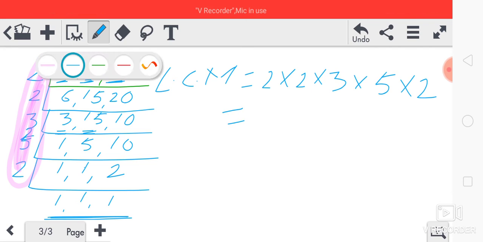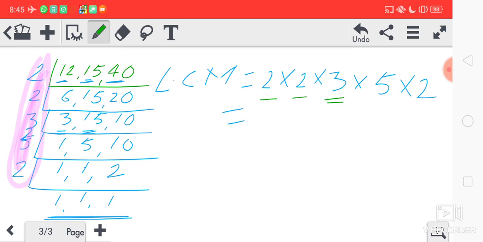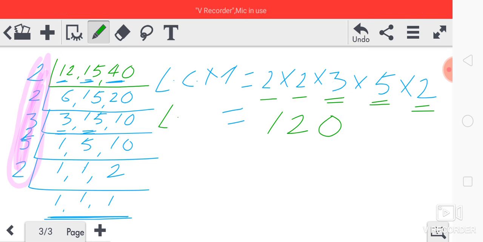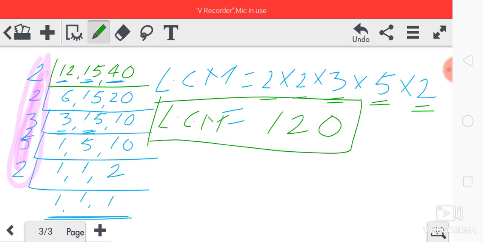Now we'll multiply. 2 into 2 is 4, 4 into 3 is 12, 12 into 5 is 60, 60 into 2 is 120. So LCM is equal to 120. Okay. So this way you can find the LCM.